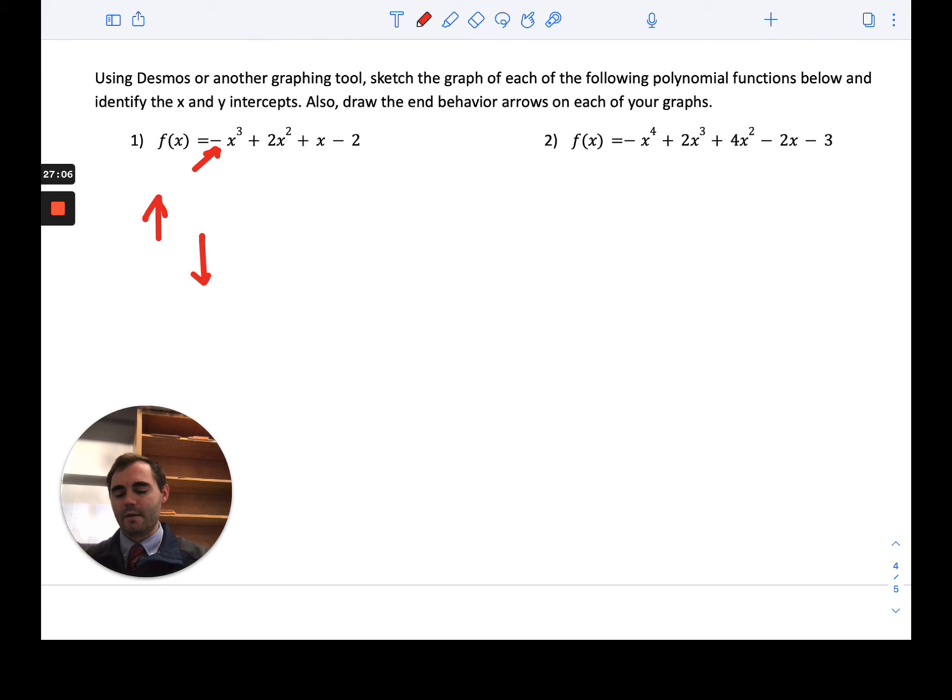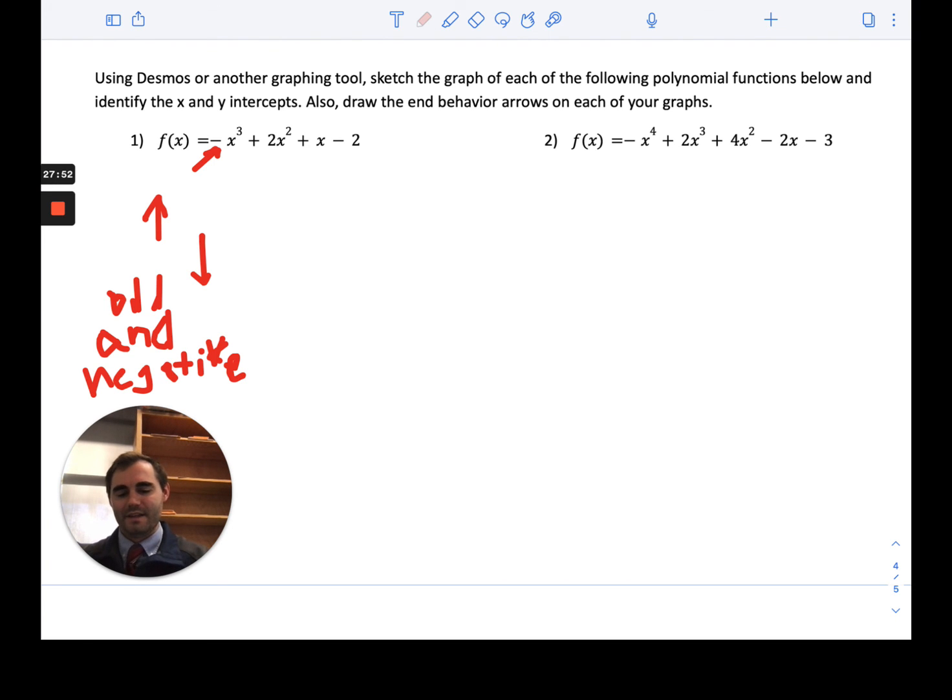Because it's going to be odd and negative. I have a hard time writing the word negative here with my computer lagging a little bit.